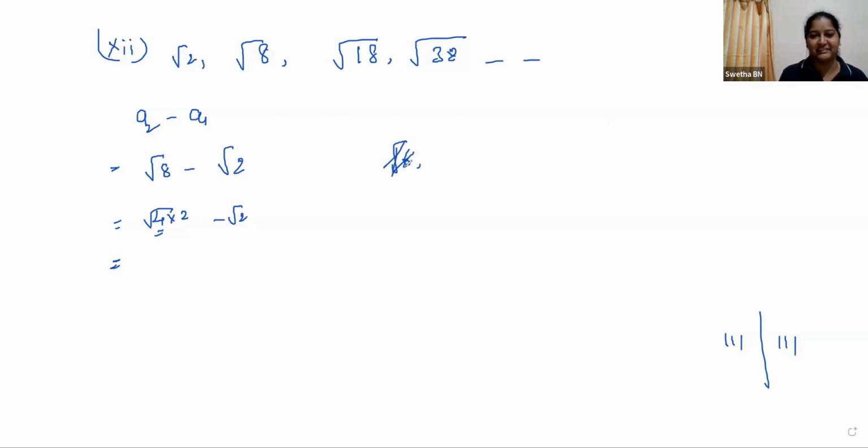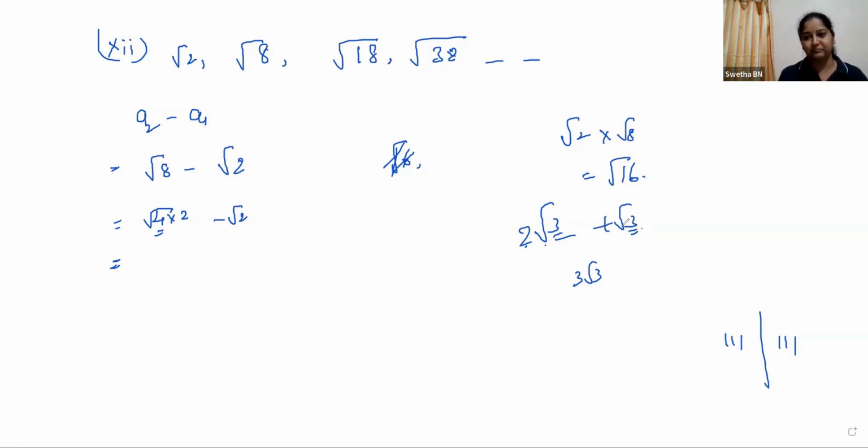Don't do like that, Panchami. We can multiply root 2 into root 8, you can multiply like this. But what about root 3 plus root 3? It is not root 6. We add the coefficients. 2 root 3 plus root 3 is 3 root 3. You should not add the numbers inside the square roots. Understood?